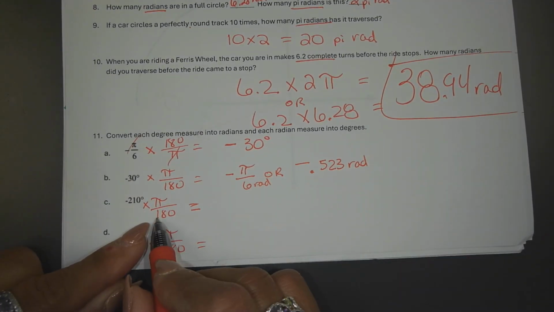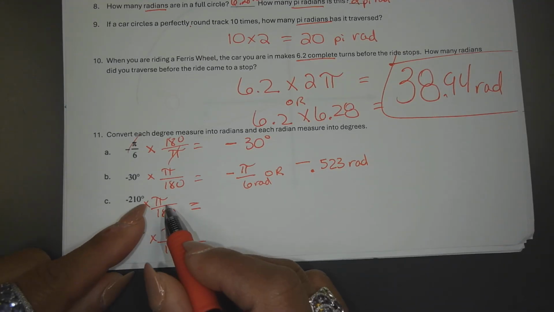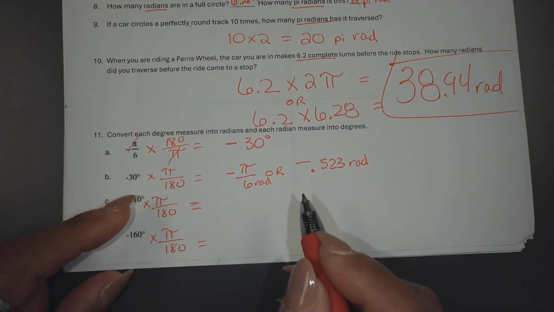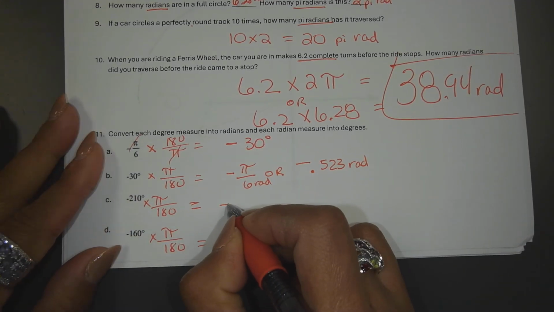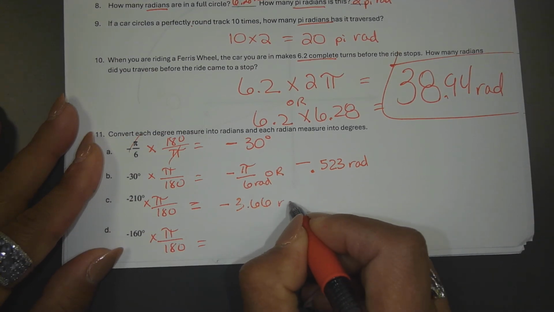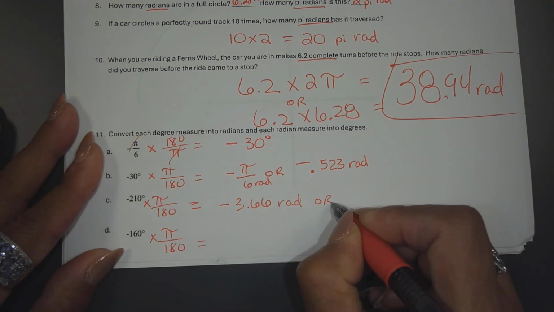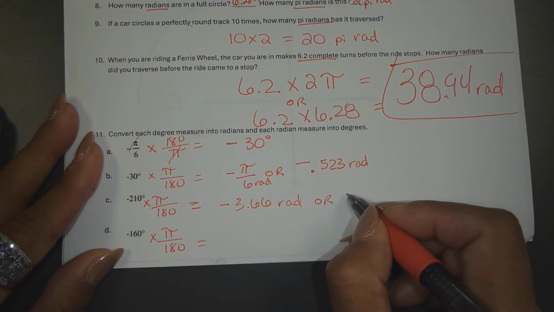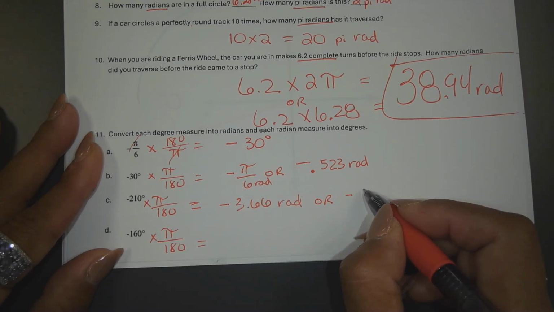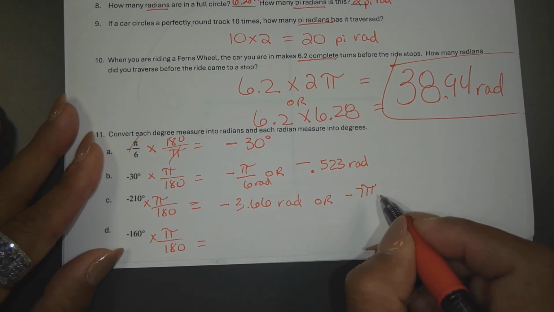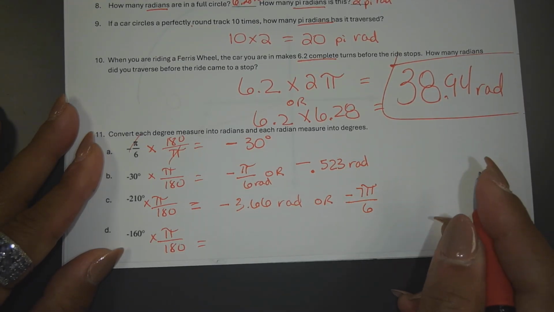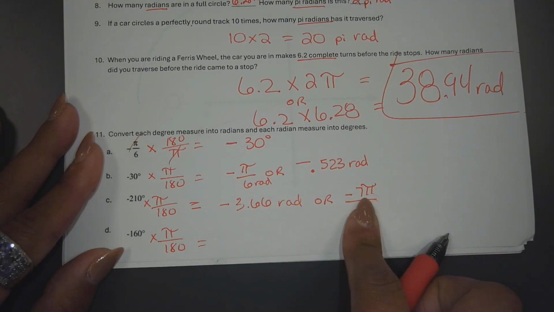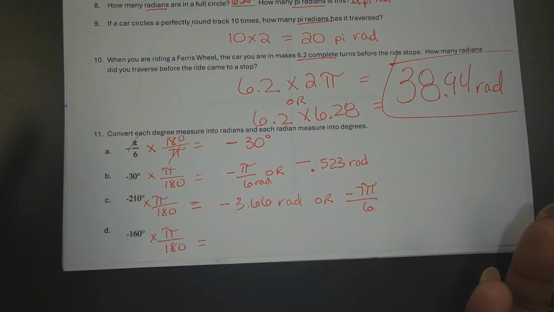Okay? Again, over here, you multiplied pi over 180, but your answer is going to be a negative, or you could write it out in the format your calculator may have given you, 7 pi over 6. If you multiply and divide this out, it comes out to the same number. Okay?